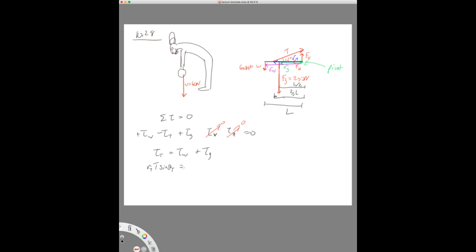So torque tension would be R tension, tension sine of theta tension, and torque W is going to be RW W sine of theta W, and then we have RG FG sine of theta G. And to solve for the tension, RW W sine of theta W plus RG FG sine of theta G, all of that over RT times the sine of theta T.